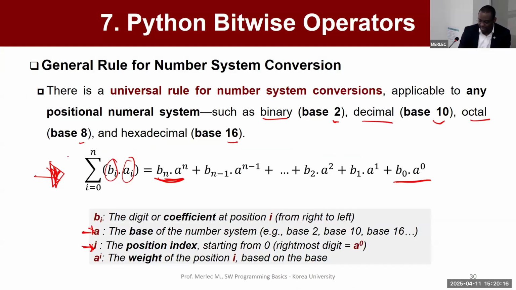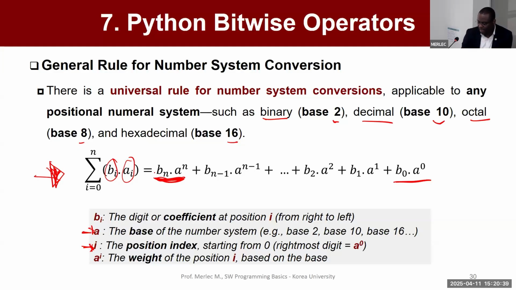So if I want to represent that in another base, for example binary, I have to take the highest coefficient value.